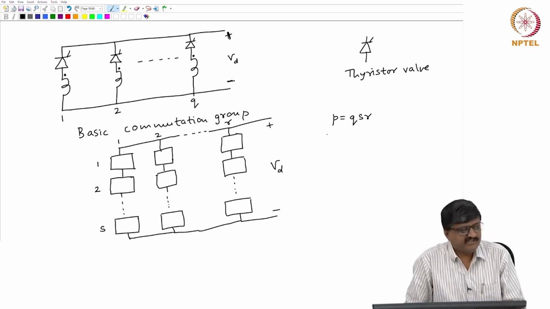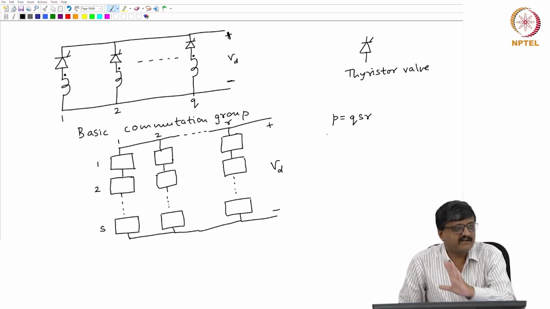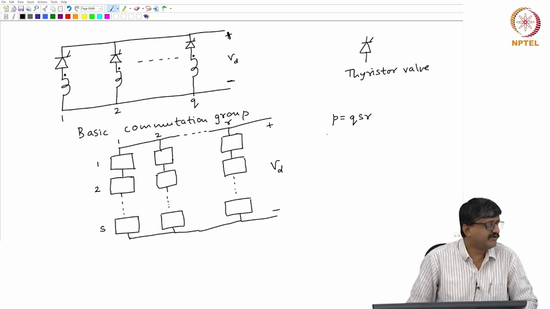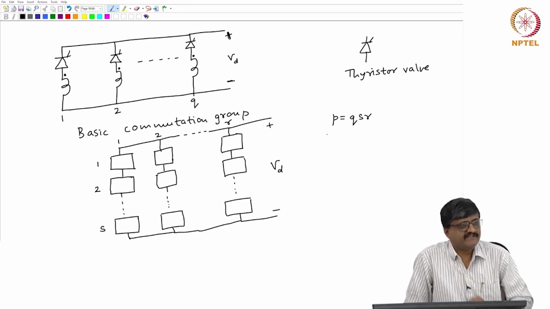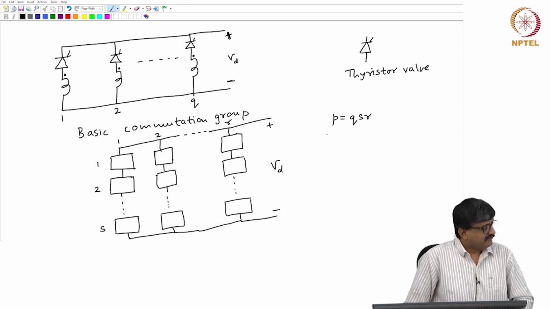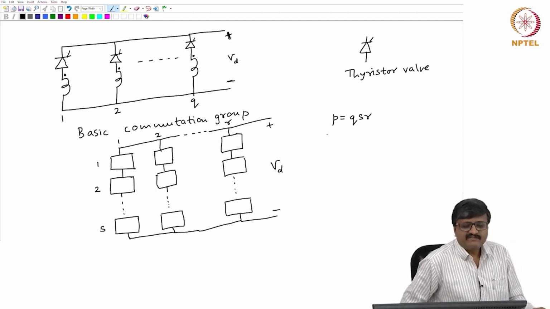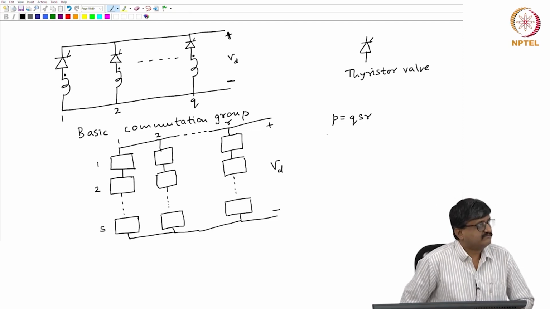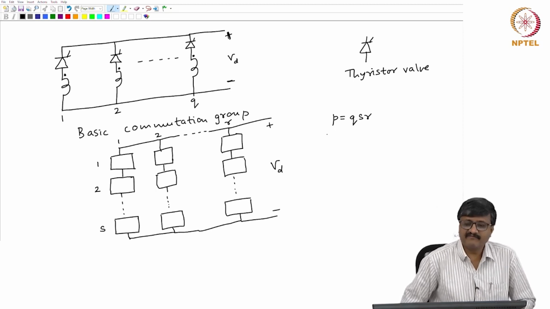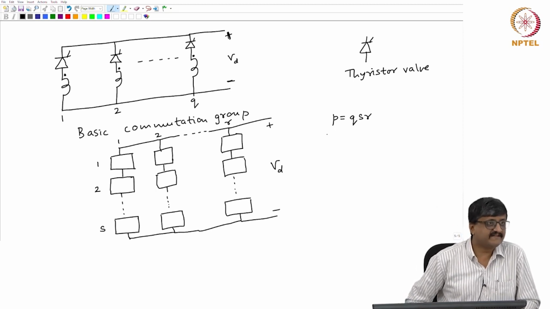So, what I am trying to say is we get a very general converter circuit in this fashion. We started with a very simple circuit, and in an attempt to make the DC side voltage as close to the ideal waveform as possible, we arrived at this. Now, the question is how to choose the values of Q, R and S. Is there any choice? Some values are better than others.